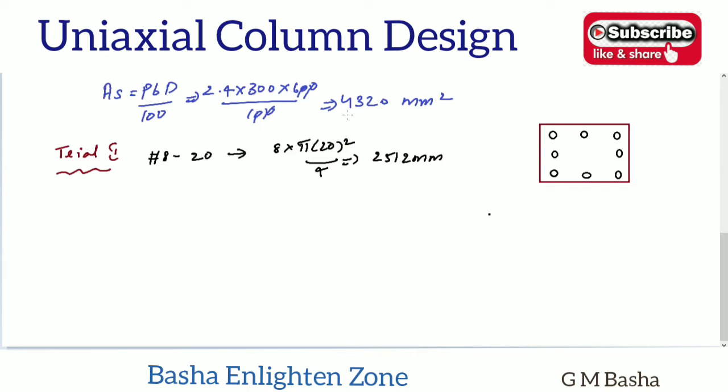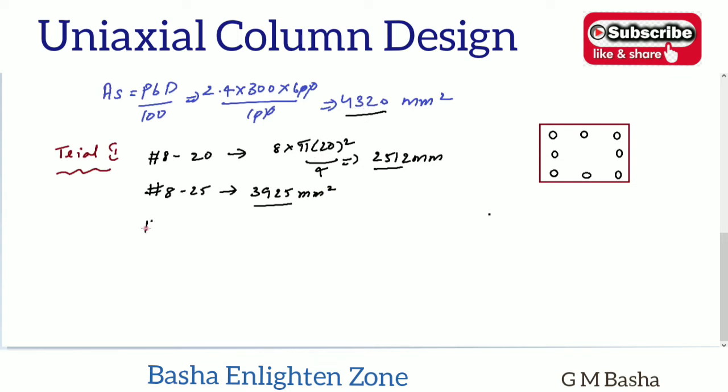Here the required value is 4320 and the obtained value is 2512, so it is not suited. Again go for 8 bars of 25. Then you will get 3925 mm square. It is very near, but not sufficient, because it is lesser than the required value.